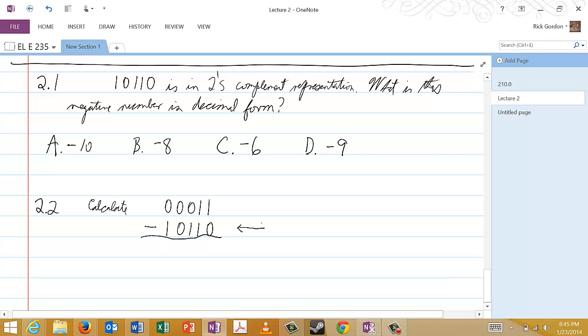And we're assuming that this second number is in 2's complement representation. And I'm simply asking you to calculate this answer. If you want to check it, you're welcome to do so, but you don't have to check it. You simply want to calculate the answer.